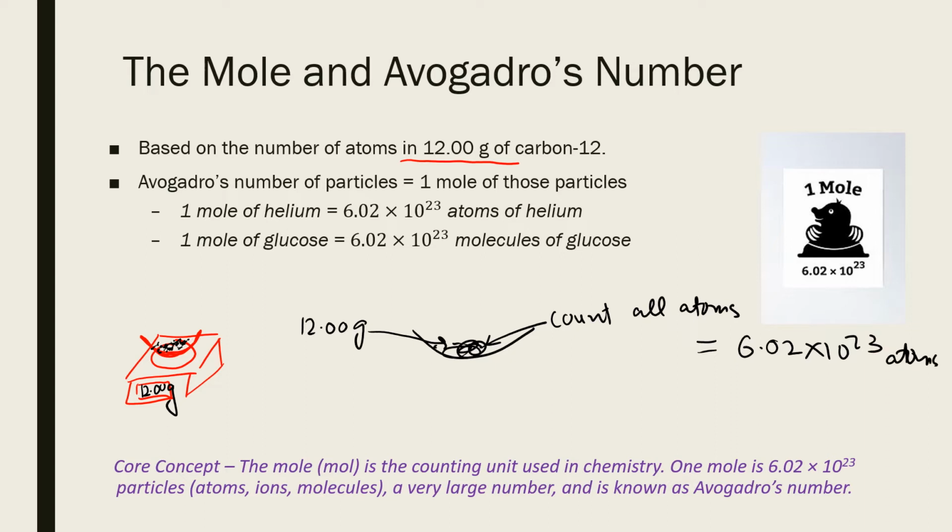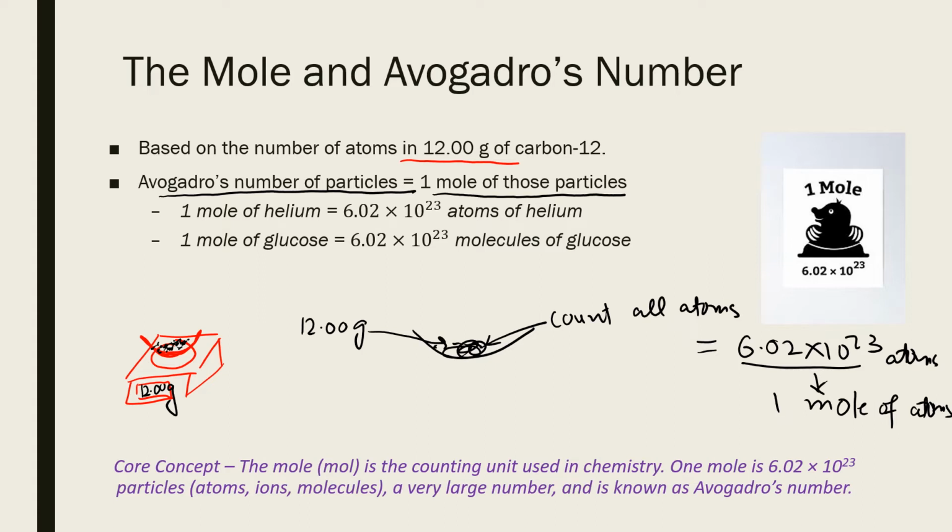In other words, 12.00 grams of carbon will contain 1 mole of atoms, because this number is also known as 1 mole. So Avogadro's number of particles is equal to 1 mole of those particles.